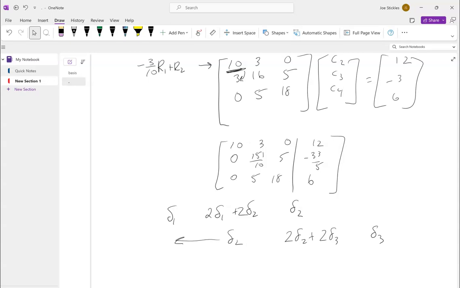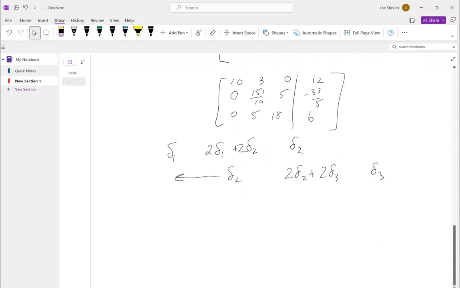So if we think about stacking them in Excel, if I've got my delta 2 here, and then my 2 delta 1 plus 2 delta 2 here, 2 delta 2 plus 2 delta 3 here, delta 2, delta 3 here, then I would need to do negative of this over this, wouldn't I? So I would have those columns off by 1 when we're typing it in.